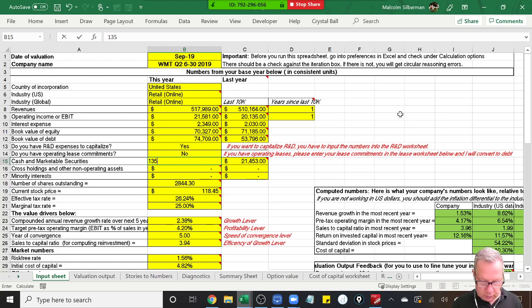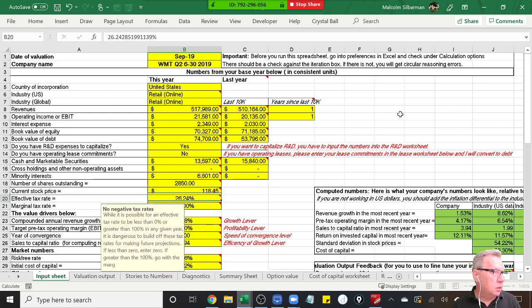And 15,840. And then minority interest, 6801. Number of shares outstanding, 2850. Stock price, 118.45, which is there.